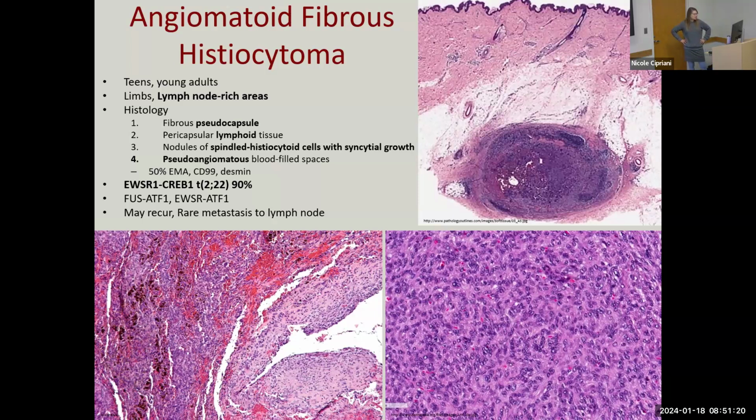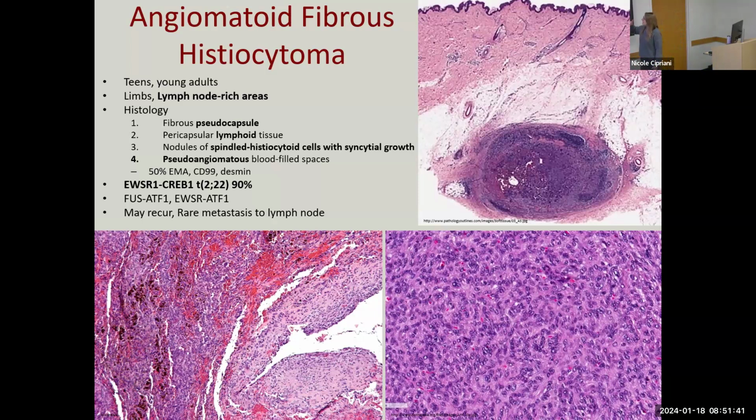AFH. Angiomatoid fibrous histiocytoma generally presents, again, in lymph node rich sites like the axilla and the groin of younger patients. It almost presents as an enlarged lymph node. So these kids come in and they're like, oh, this patient has an enlarged lymph node in their groin, let's biopsy it or take it out.